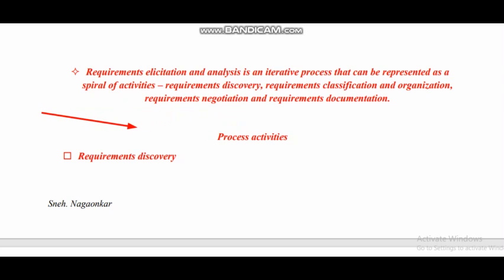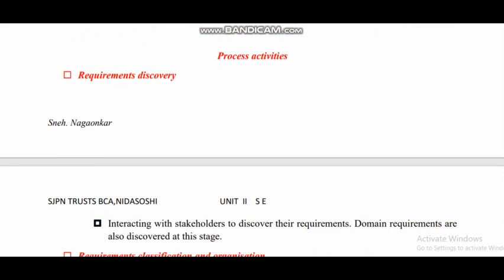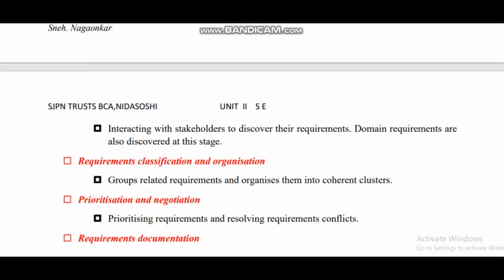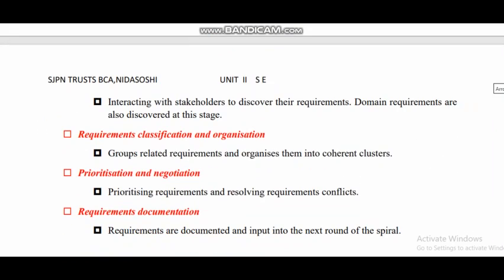As I told you, we will see this in more detail. So let me highlight the more detailing. The first activity, as I told you, is requirement discovery. I also explained that this is all about interacting with the stakeholders to discover their requirements, isn't it? Domain requirements.